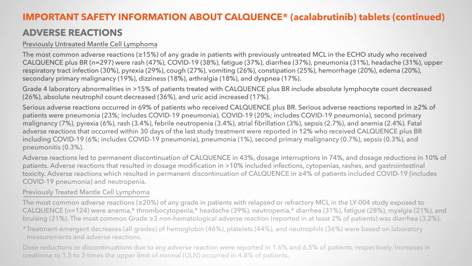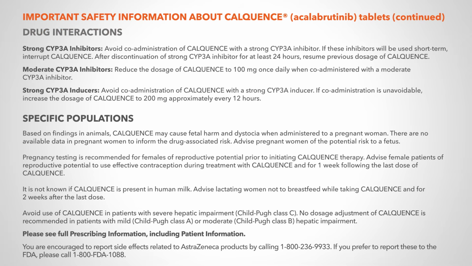Drug interactions. Strong CYP3A inhibitors. Avoid co-administration of CALQUENCE with a strong CYP3A inhibitor. If these inhibitors will be used short-term, interrupt CALQUENCE. After discontinuation of strong CYP3A inhibitor for at least 24 hours, resume previous dosage of CALQUENCE. Moderate CYP3A inhibitors.